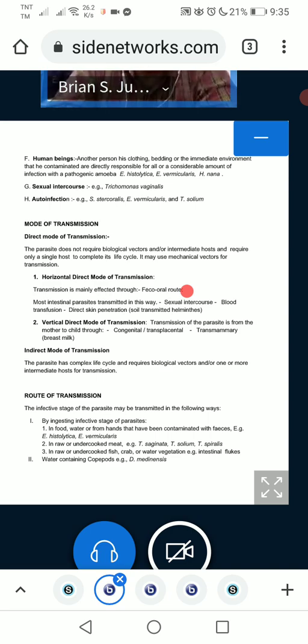For example, Entamoeba histolytica, Enterobius vermicularis, Hymenolepis nana are sources, or pwedeng mabuhay ng matagal doon sa mga non-living things na gamit ng isang infected person. Katulad ng damit, beddings na hindi nalinis or hindi na-decontaminate. Another is sexual intercourse. Okay? So I know that we have already discussed this, no?